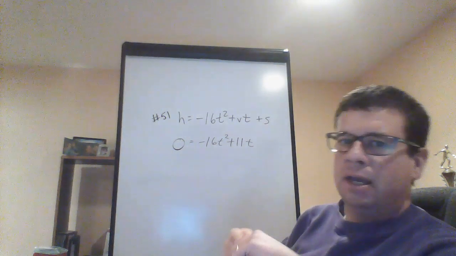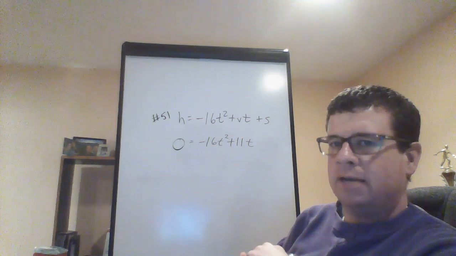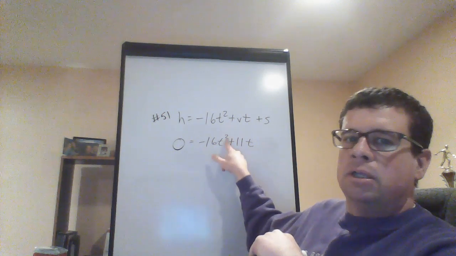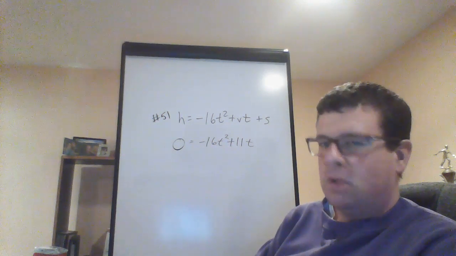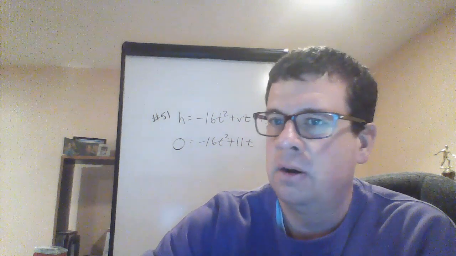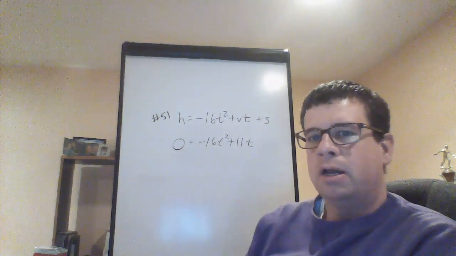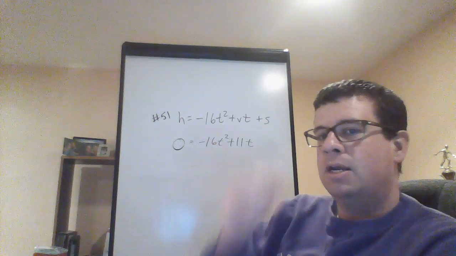I think I just used the word quadratic, and probably haven't used that with you yet. A quadratic is just any equation that uses x squared or t squared. So if I talk about a quadratic equation, that's all I'm talking about: something that involves an x squared. So I've got it set equal to 0.